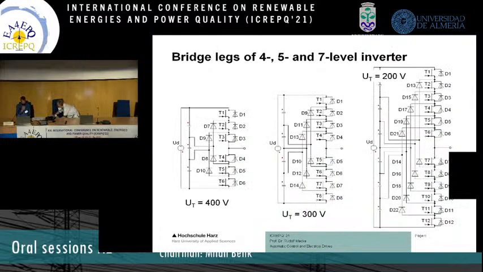So for a higher number of inverter levels, a simulation model is developed, and the bridge legs for 4, 5 and 7 level inverters are shown in this slide. The blocking voltage of the switches is reduced with the number of levels. For instance, for the 5-level inverter, we need a blocking voltage of 300 volts.